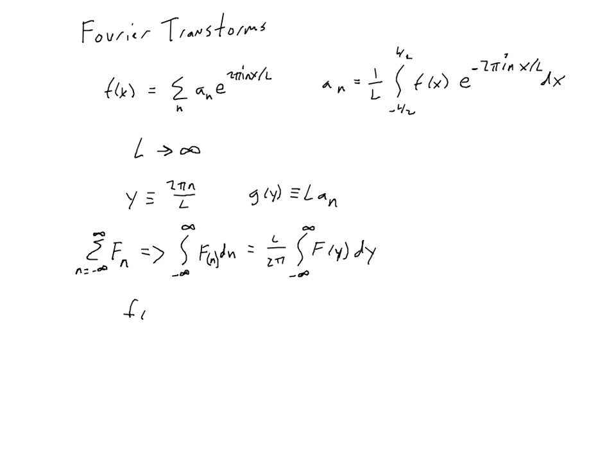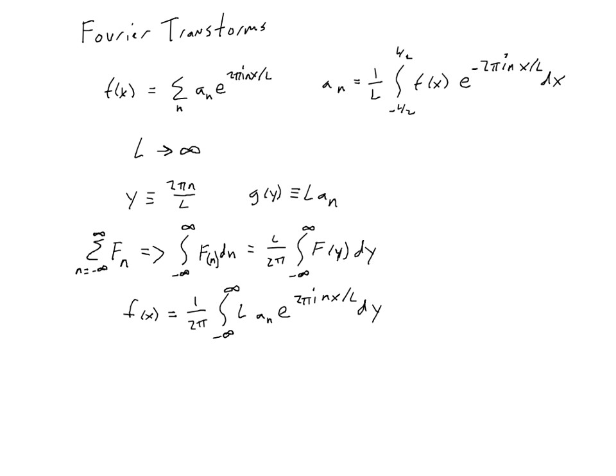So what we can do then is take our f of x, and write it as 1 over 2 pi times the integral from minus infinity to infinity of L a sub n e to the 2 pi i n x over L dy.